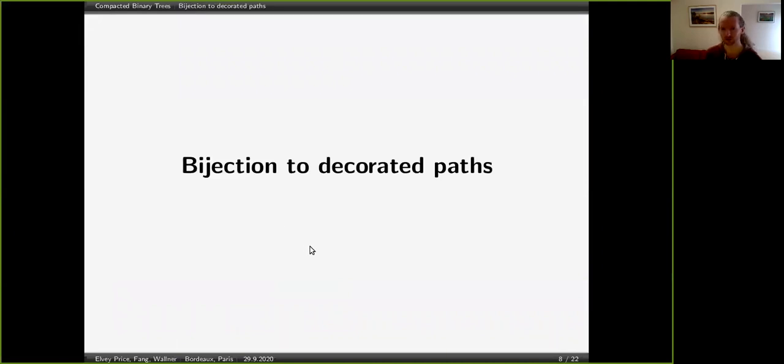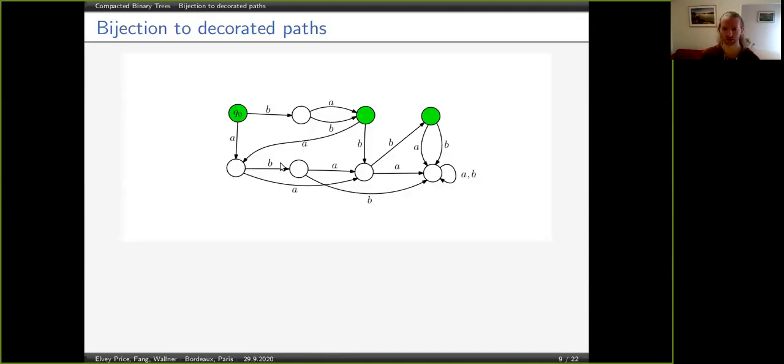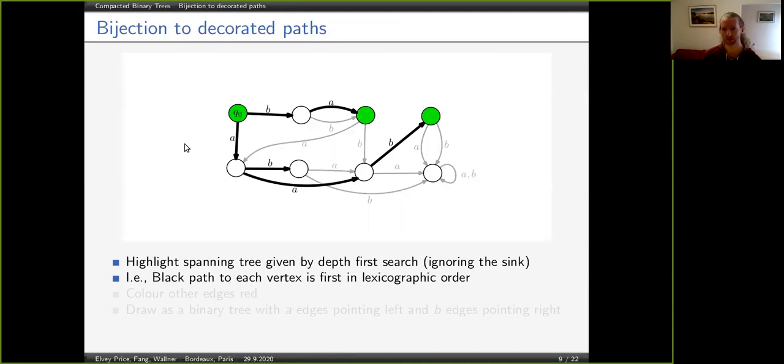Okay, so the first step in our proof is a bijection to decorated paths. So we have a bijection from DFAs to something that's easier to count. Okay, so first of all, we do a depth first search of the DFA, where we prioritize A edges over B edges.